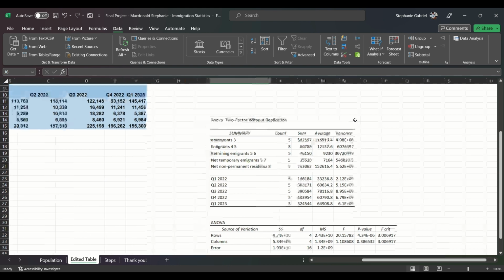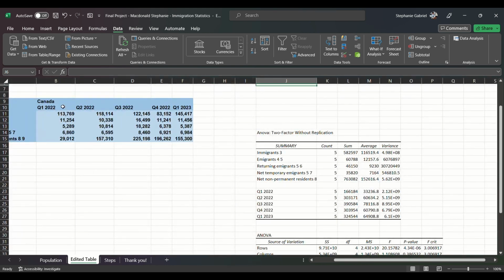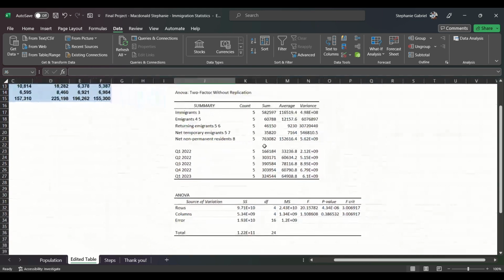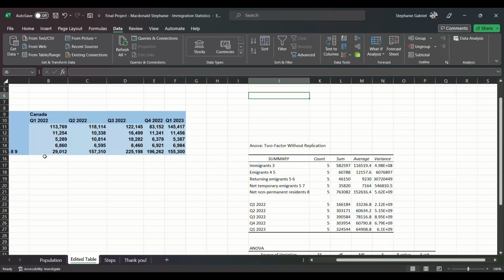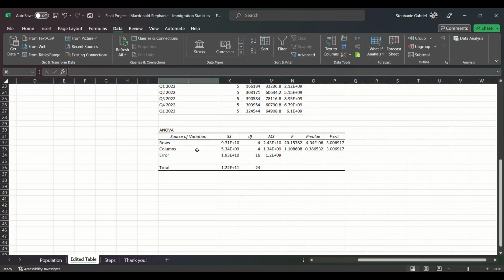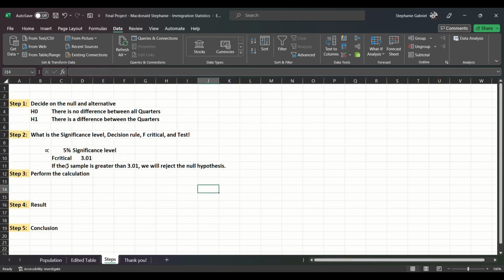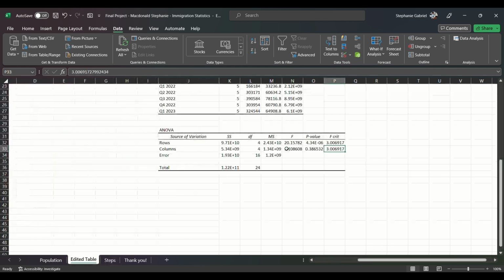Because we're comparing the quarters, we want to be looking at the columns. Of course, the F critical is 3.01, as we've written on there.